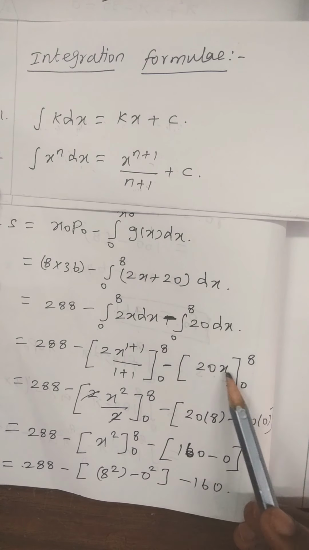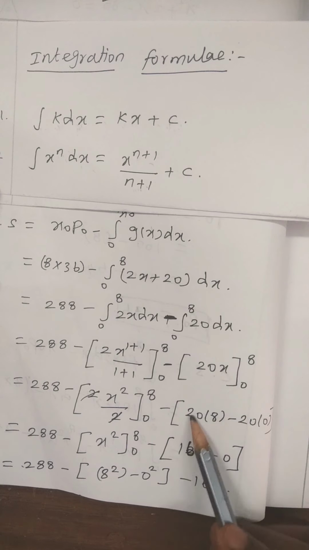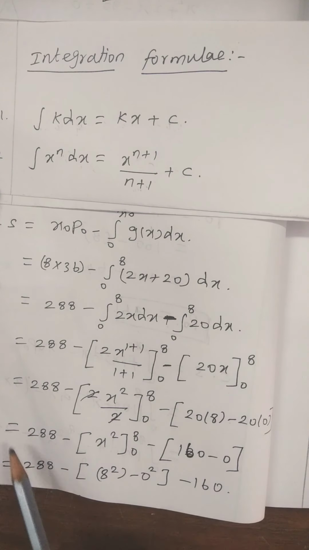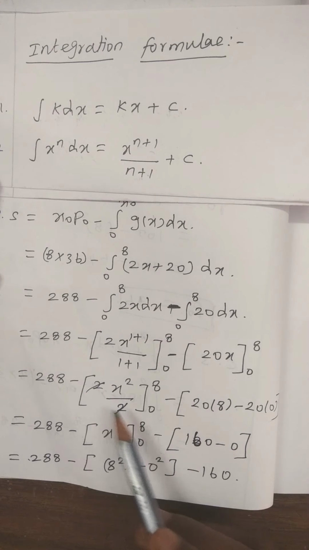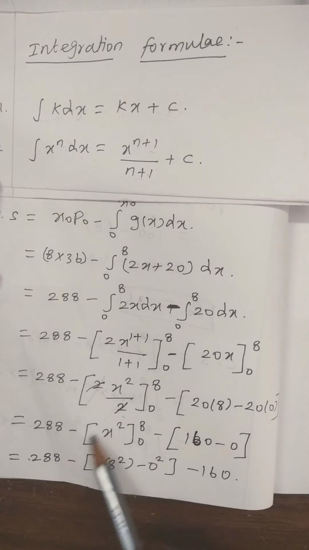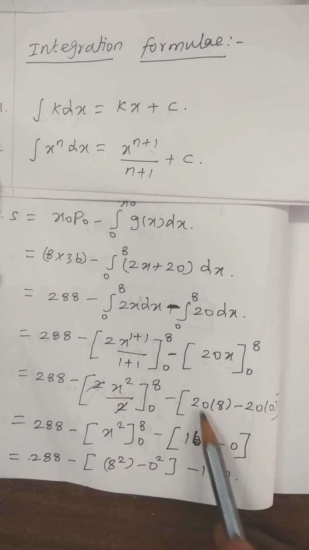What is the upper limit? x is 8. So 20 into 8 minus lower limit 20 into 0, close bracket. Equal to 288 minus, so 2 is the numerator and denominator both the same, so cancel. So remaining x square, upper limit lower limit, minus bracket of 20 into 8 means 160 minus 20 into 0 means 0.